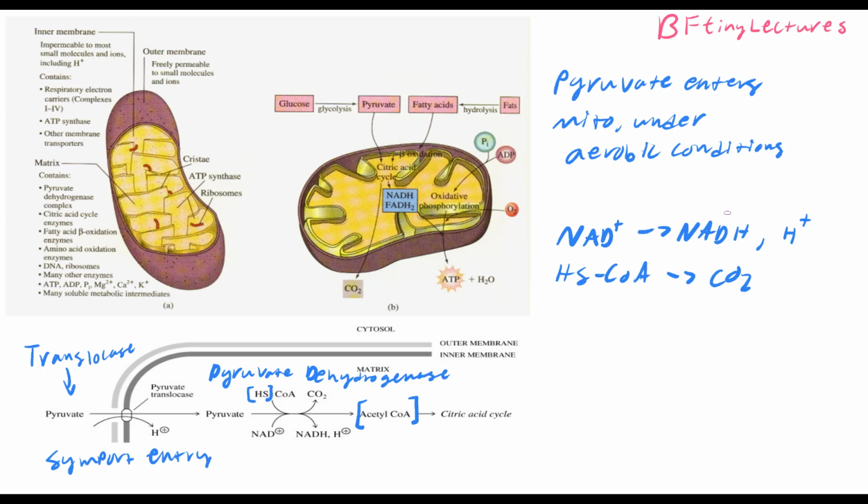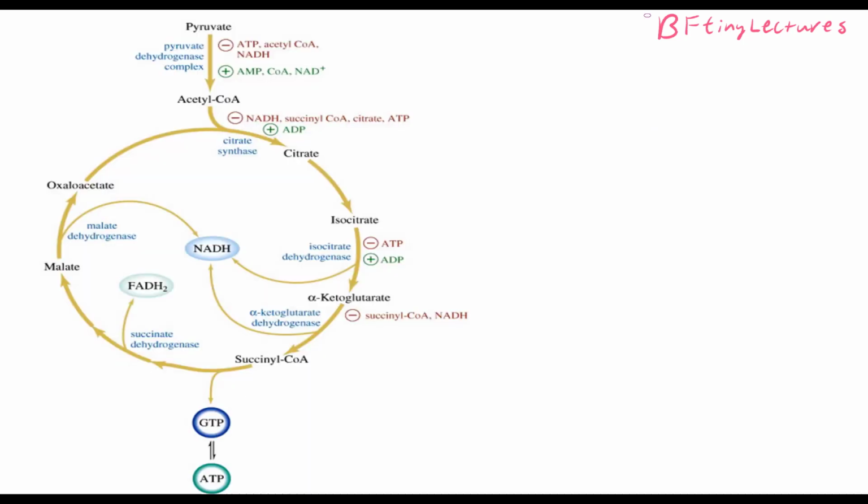Okay, so let's get into the citric acid cycle. I just wanted to show you the generation of acetyl coenzyme A that enters the citric acid cycle. So now we will begin talking about the TCA cycle. Everything that we've done so far in the previous videos has led to the TCA cycle, right?